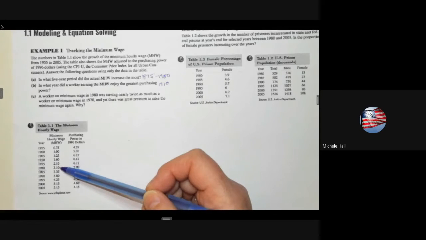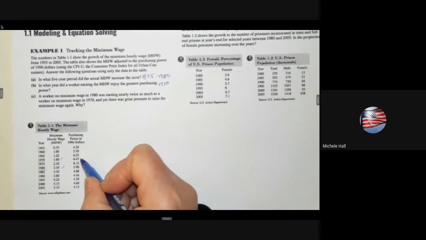It increased from $1.60 to $3.10, and the purchasing power 6.47 to 5.90, 10.57 actually dropped 57 cents.